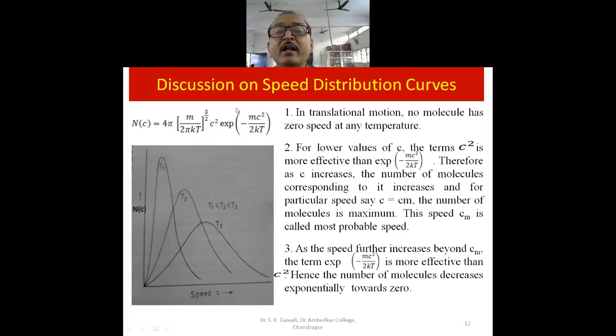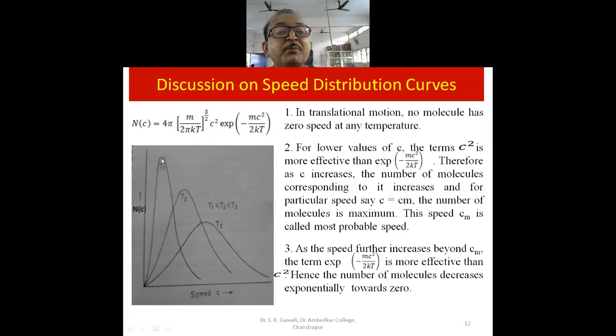For any curve, for lower values of C, the C square term is more effective than the exponential term, and therefore as the speed of the molecules of the gas increases, the number of molecules goes on increasing up to this particular value.